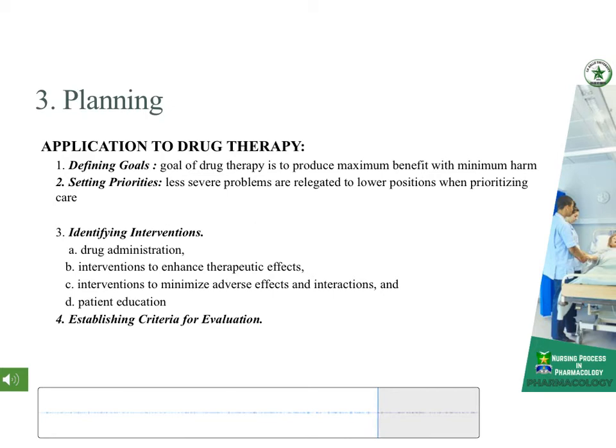For the patient prescribed with thyroid hormones for hypothyroidism, ang criterion involved niya is the laboratory test, typically the TSH level, thyroid stimulating hormone level, and then the free thyroxine level within normal range na sila dapat.